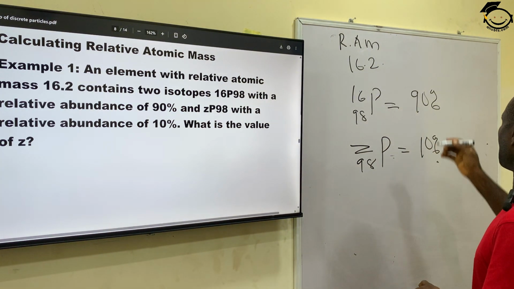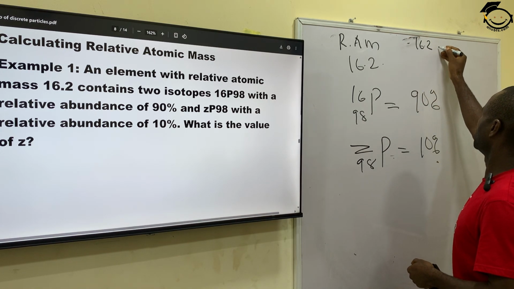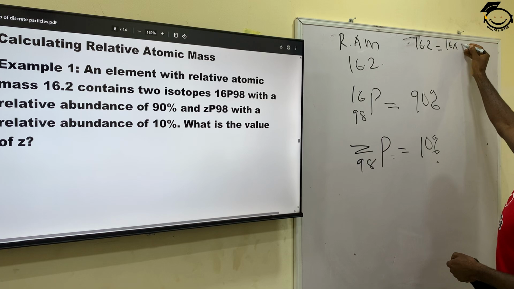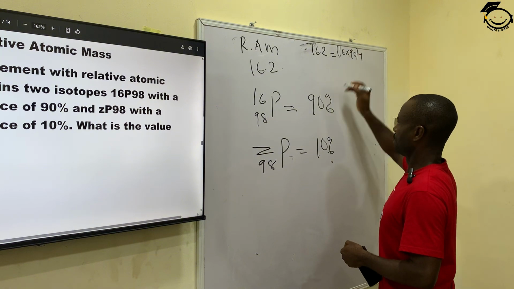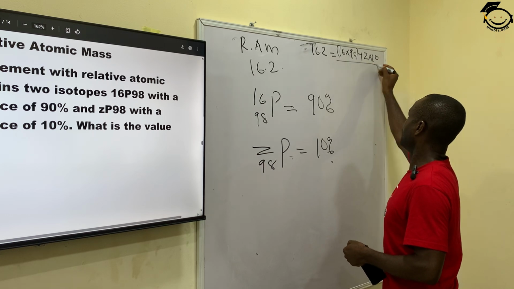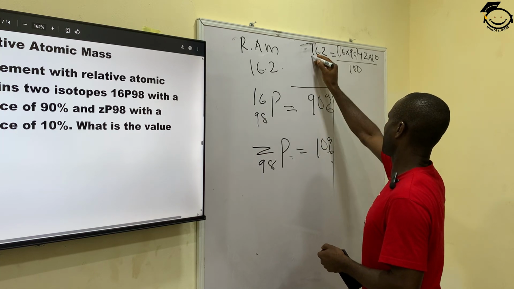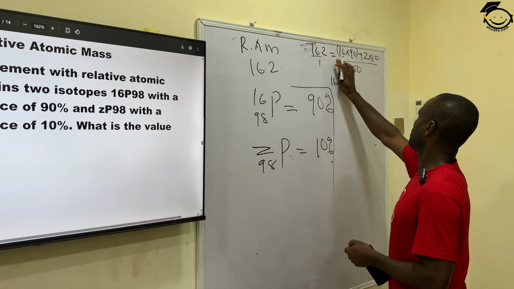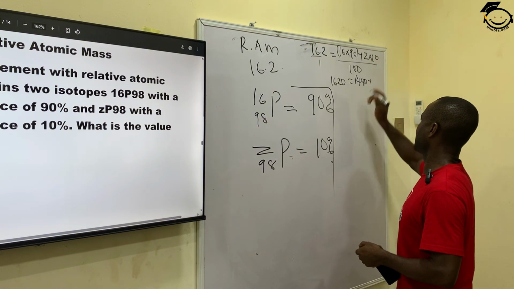So relative atomic mass, which is 16.2, equals the average of this abundance: 16 times 90 plus Z times 10, all over 100. Solving this further, we cross multiply. 100 multiplied by 16.2 gives you 1620, equals 16 times 90, that gives you 1440, plus 10 times Z, that gives you 10Z.